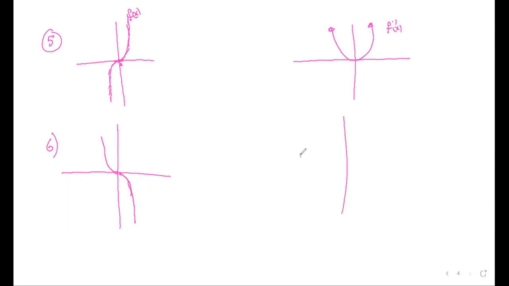How to sketch its derivative? So that is a cubic function. That is y, or f of x, equals negative x cubed. Here, y equals x cubed, for example.